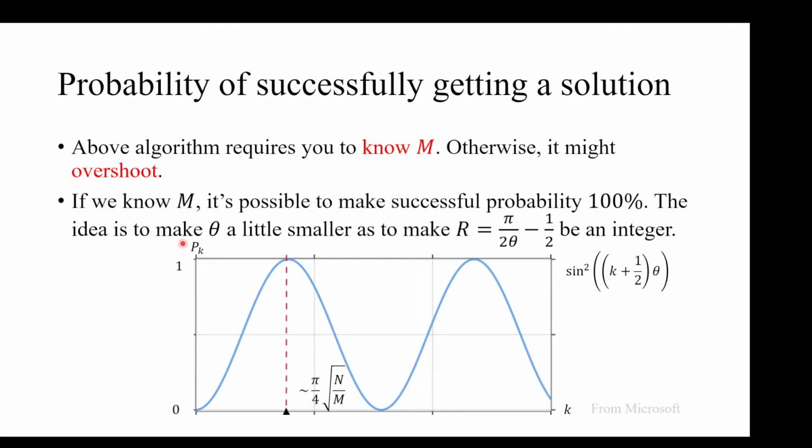If you plot the probability of success against k, you get a sine squared function which goes from 0 to 1. You get a maximum success probability around pi over 4 times the square root of N over M. The problem is that you want your k to stop here, but you don't know M, so you don't know where to stop.